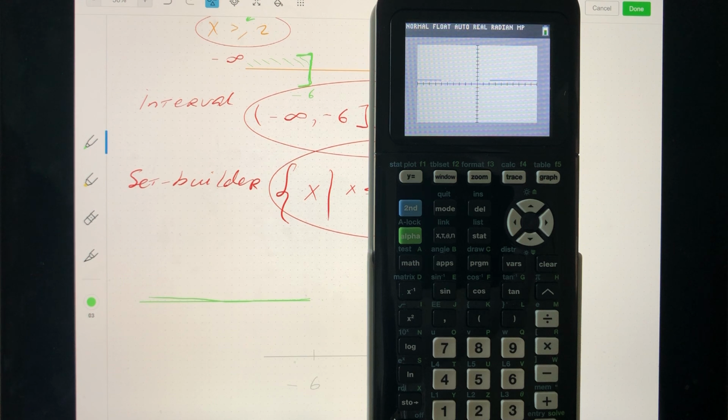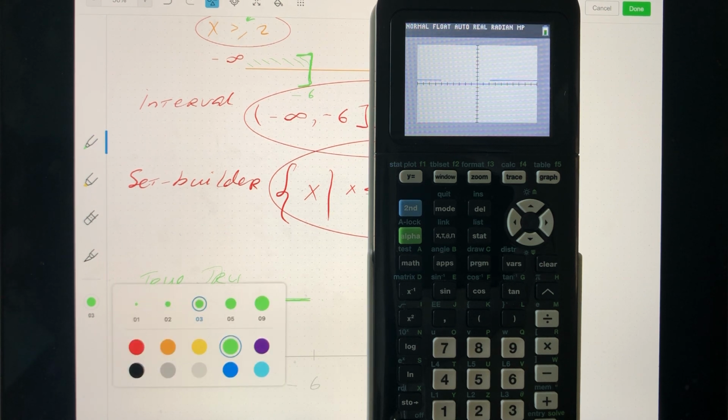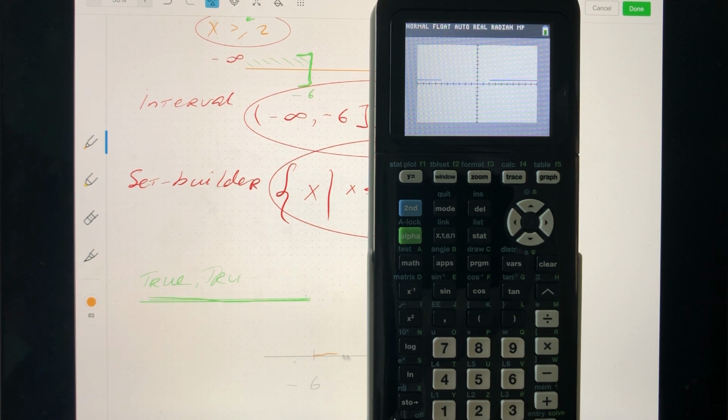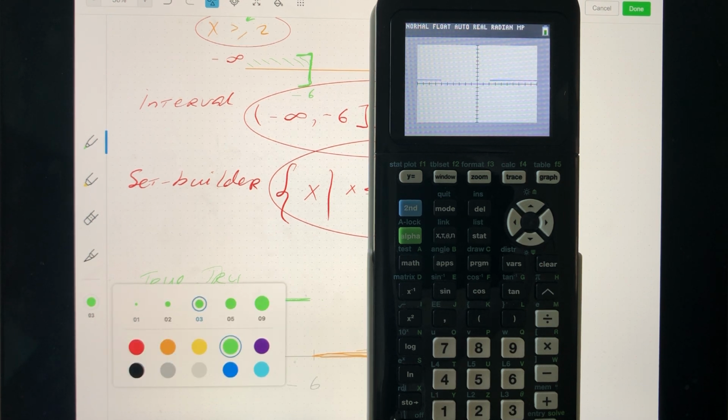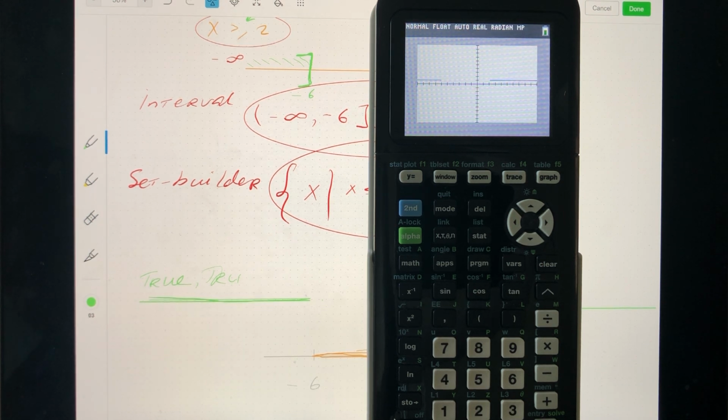So this is all true, true, true, true, like yes, yes, yes. Then after that, it says no, from negative 6 to 2, there is nothing. So this is like false. And then after that, once again, is true. So this is like a yes.